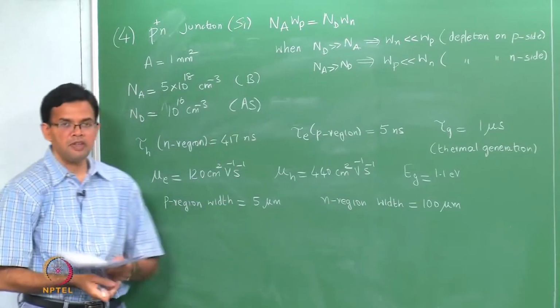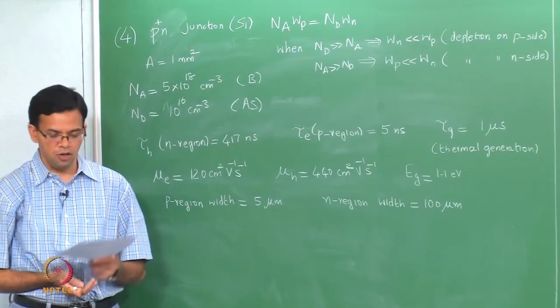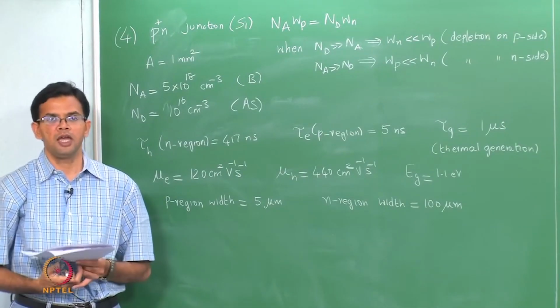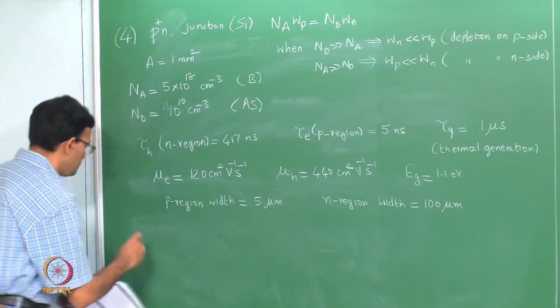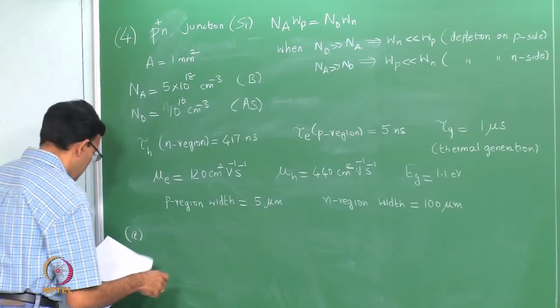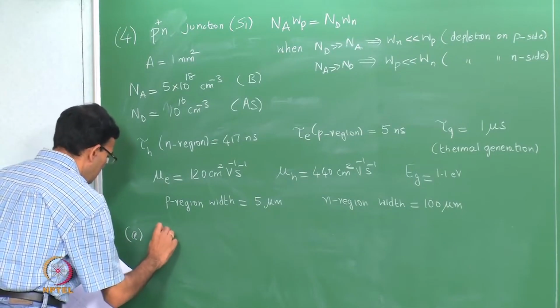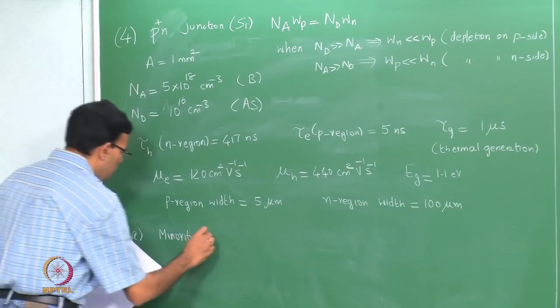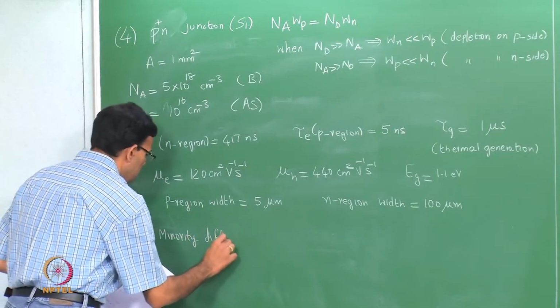So, the first thing we need to calculate is the minority diffusion lengths and to determine what type of diode this is.